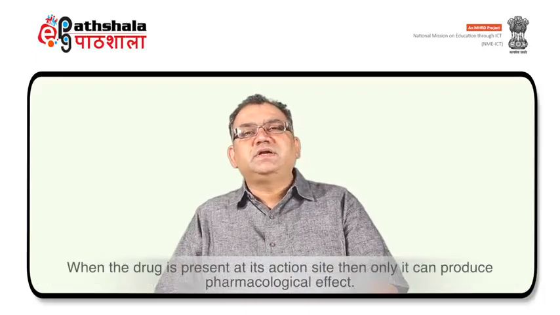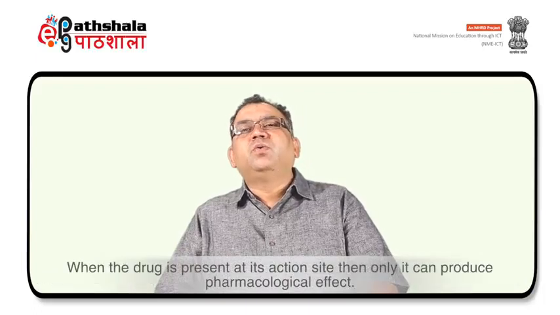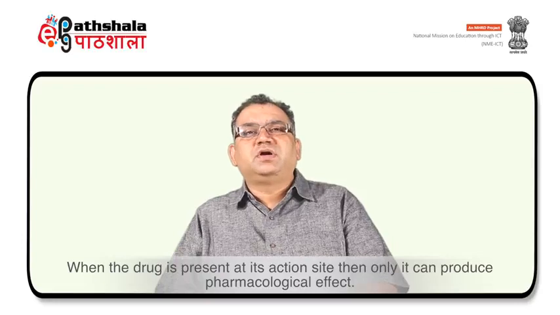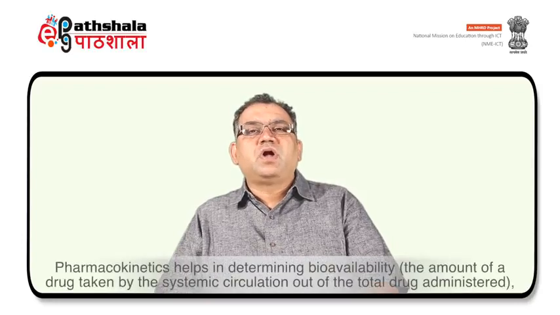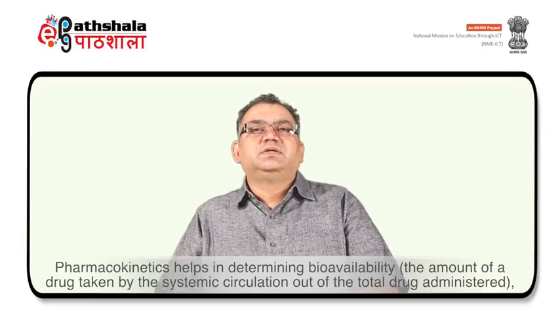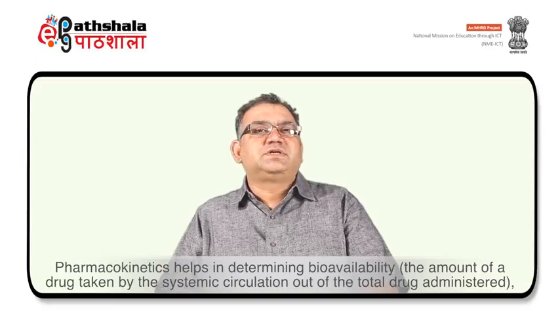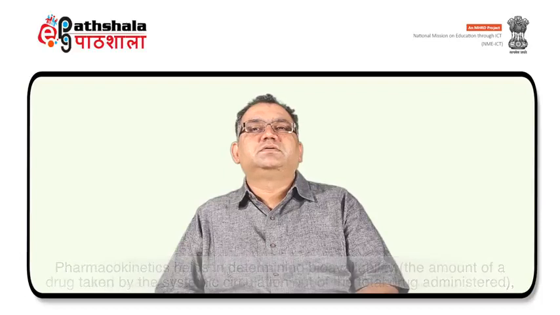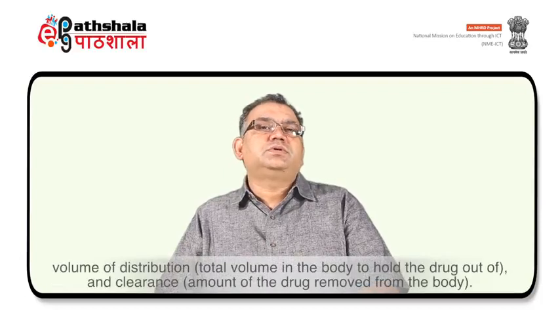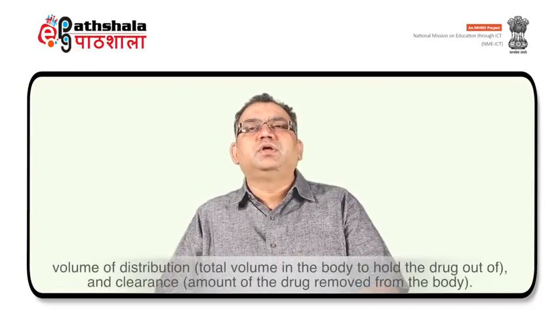When the drug is present at its action site, only then can it produce a pharmacological effect. Pharmacokinetics helps in determining bioavailability, that is, the amount of a drug taken up by the systemic circulation out of the total drug administered; volume of distribution, that is, the total volume in the body to hold the drug; and the clearance, that is, the amount of drug removed from the body.